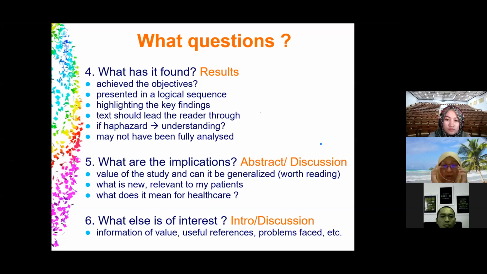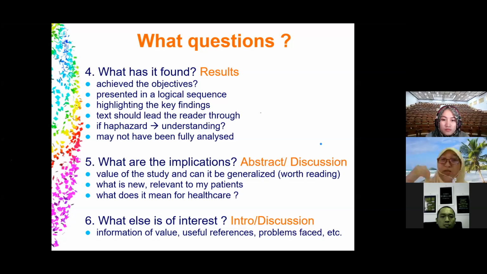Okay. Next, you would like to know what the implications are. This study that was done, what is its impact? What are its implications? So you have to go to the abstract and discussion. This is where you know the value of a study, whether this study can be generalized to your population or not. This study was done among a Caucasian population.